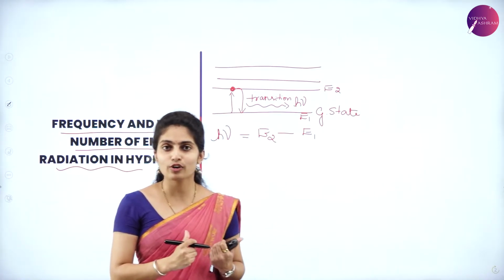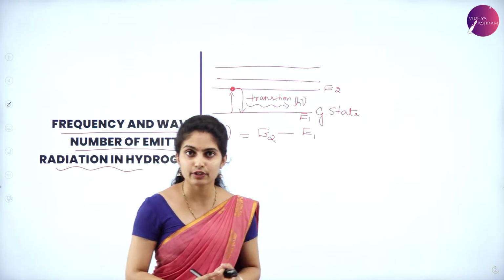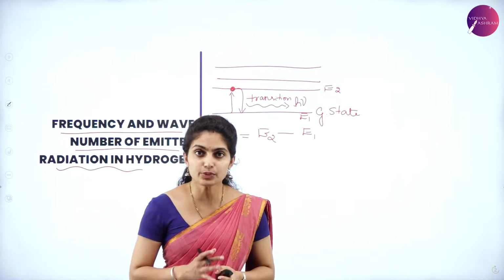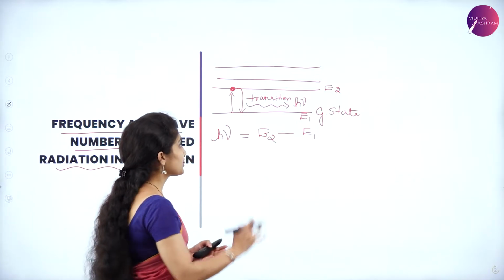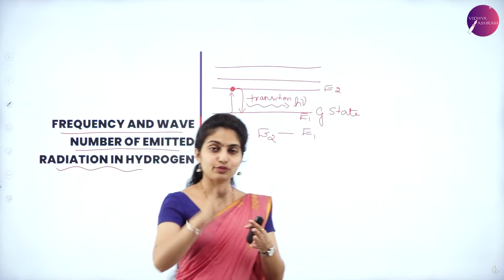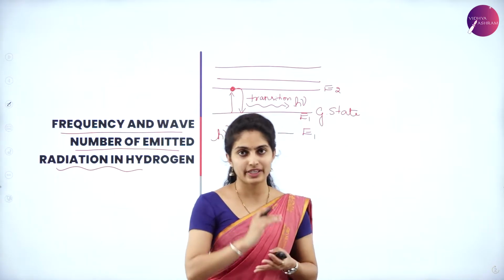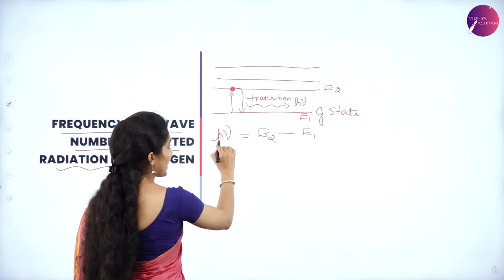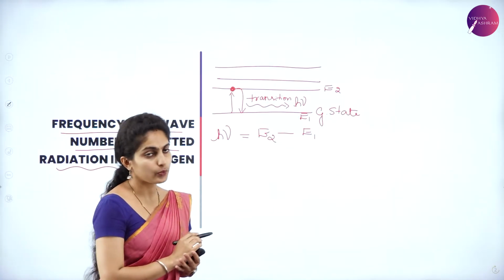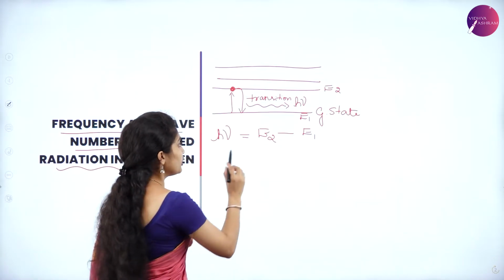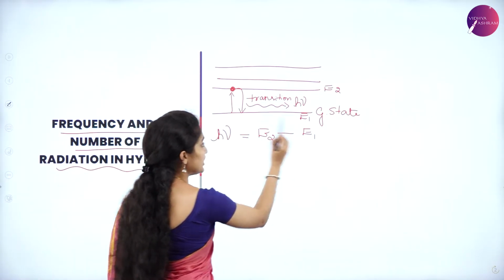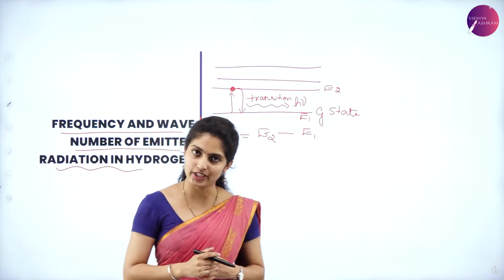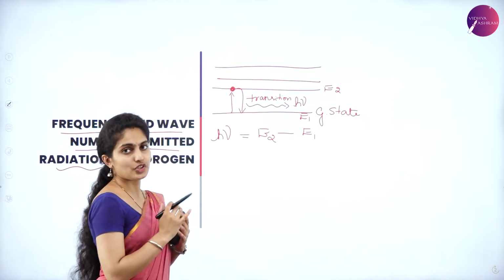So this set of expression we have identified in Bohr's third postulate, which tells us that when an electron makes a transition from higher energy level to a lower energy level, it emits a photon which is equal to h nu, Planck's constant into the frequency. It emits the photon which is equal to the difference in two energy levels, final energy as well as initial energy. So this set of equation is in our hands.